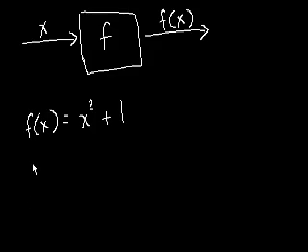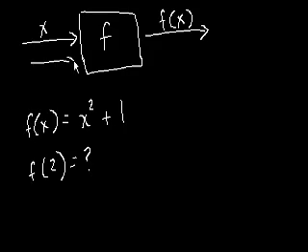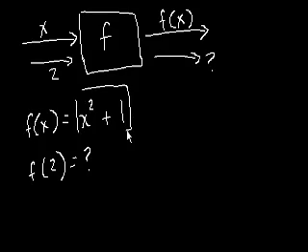Then, what's f of 2? Well, that means we're taking 2 and putting it into the box, and I want to know what comes out of the box when I put 2 into it. Inside the box, we do this to the input: we take the x, we square it, and we add 1. So f of 2 is 2 squared, which is 4, plus 1, which is equal to 5.